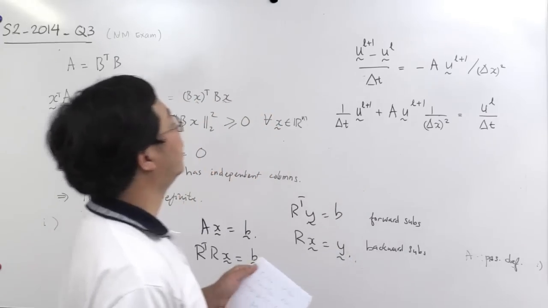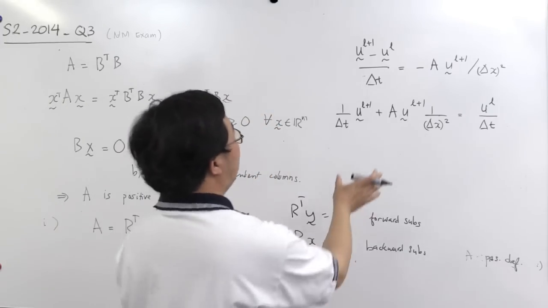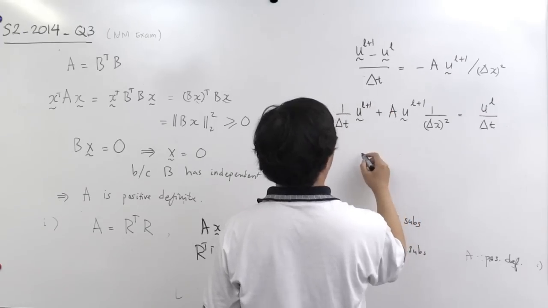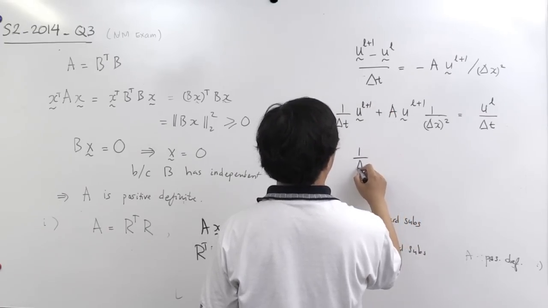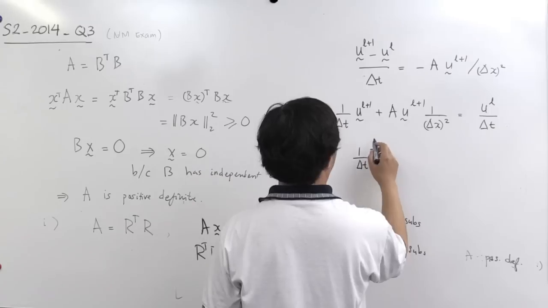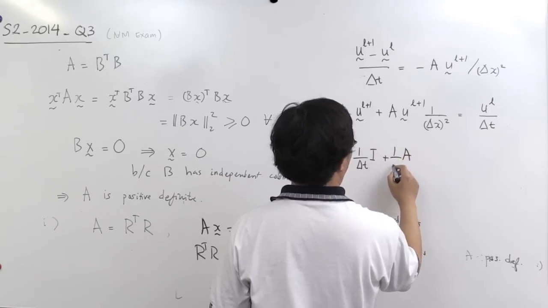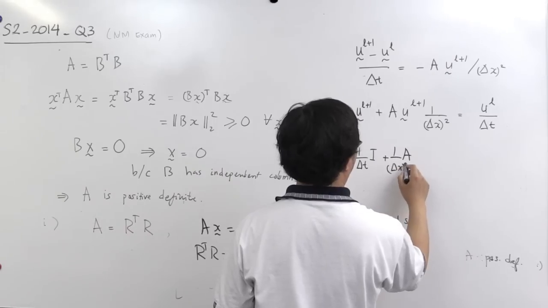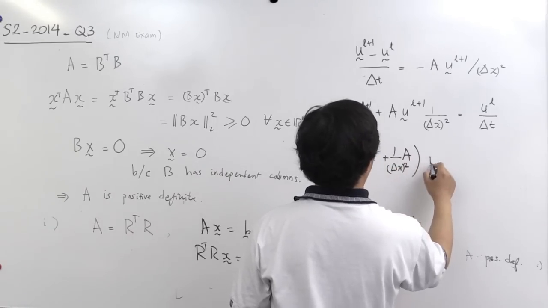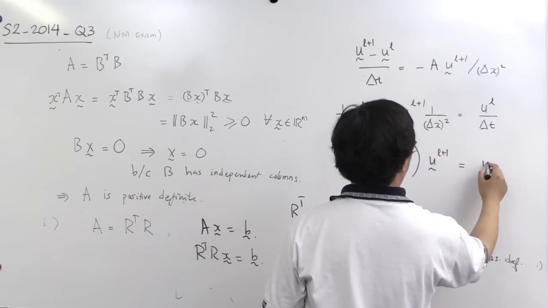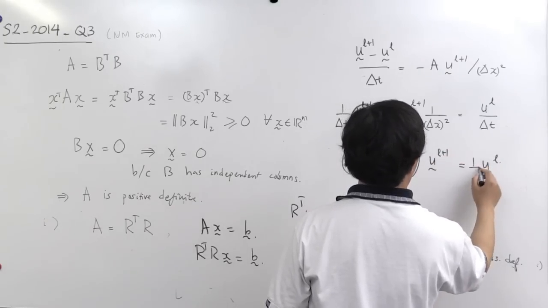And you see you can take U^(l+1) to be the common factor. So you have 1 over delta t multiplied with the identity matrix plus 1 over delta x squared A, times the vector U^(l+1), equal U^l over delta t.